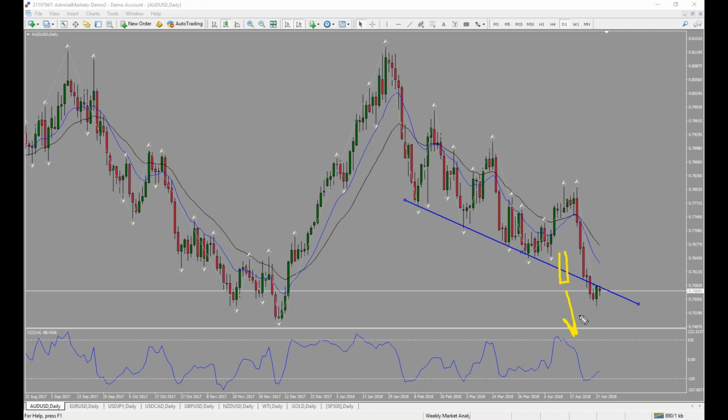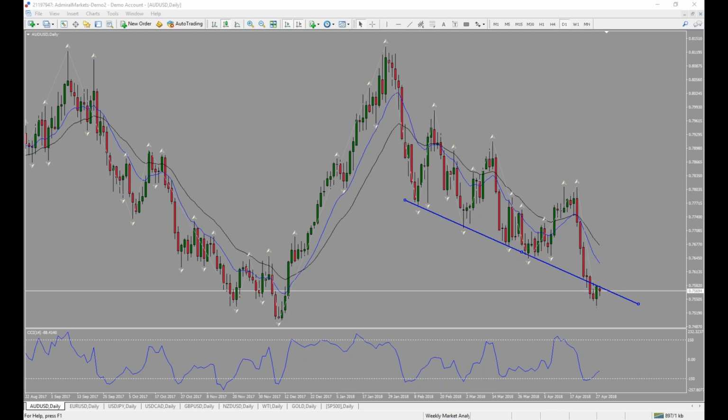We want to trade the breakout in the opposite direction of the gradient of the line. So this particular line is going downwards, so I wouldn't be looking at a breakout there. That's not the highest probability way.